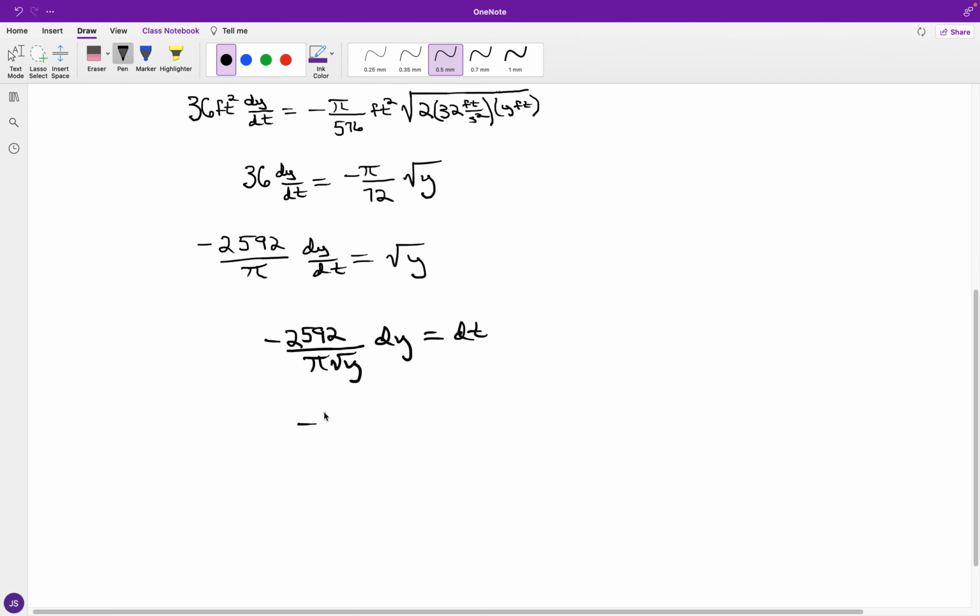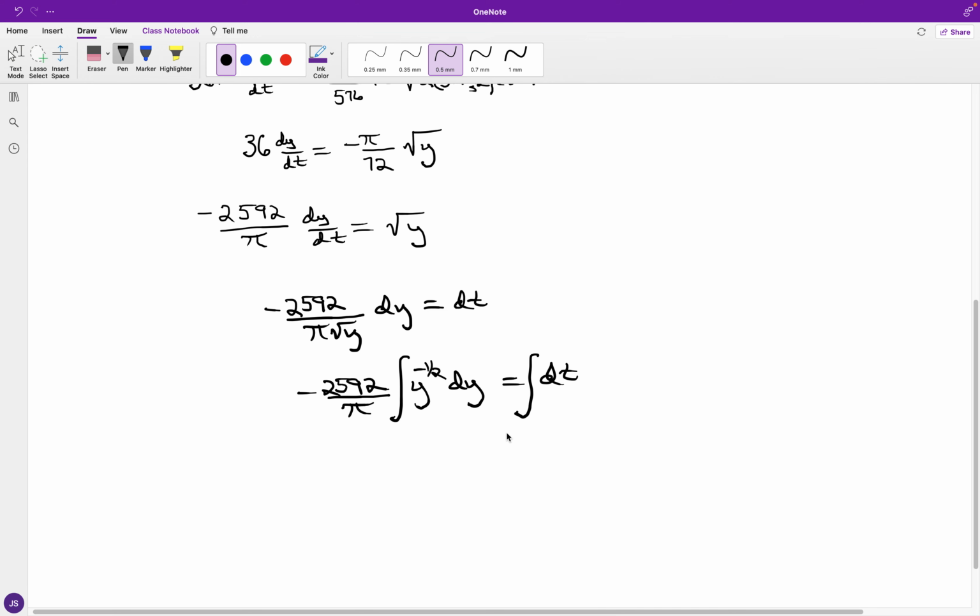Just looking at separating, I have negative 2592 over pi, and the reciprocal of the square root of y I can write as y to the negative 1/2, dy, is equal to dt. Upon separating, I'll go ahead and integrate on both sides.